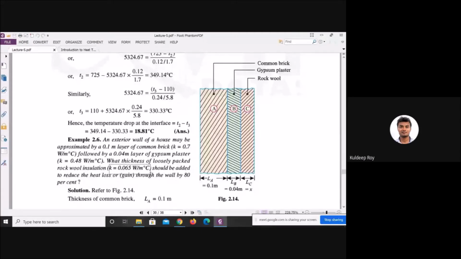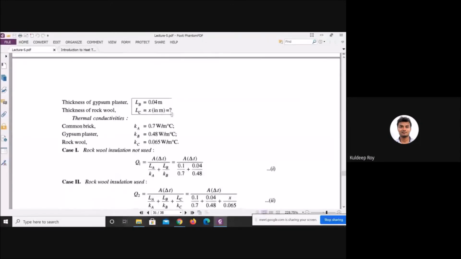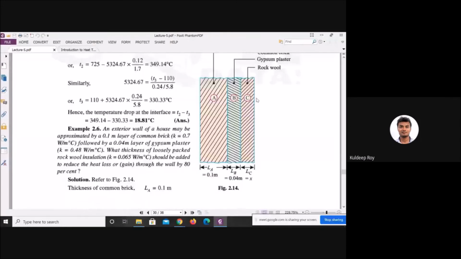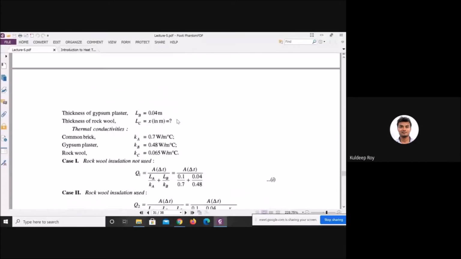Okay, then L is known to you. You have to determine LC, how much would be the length of that rock wool. And the gypsum length is known to you, and the thermal conductivity of each body is known to you. Then what you have to determine is this value X.